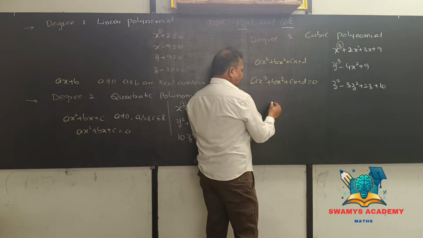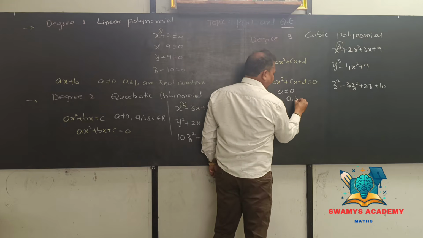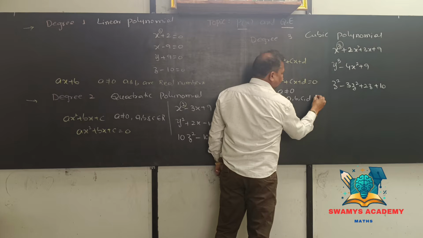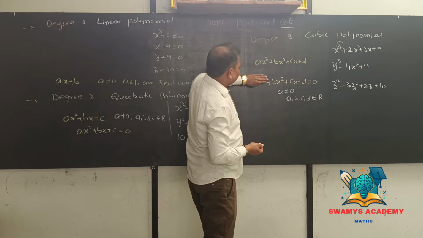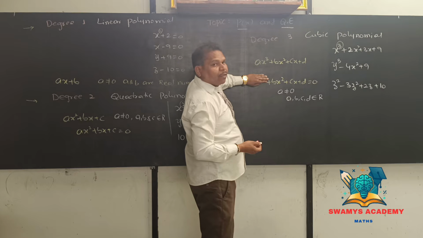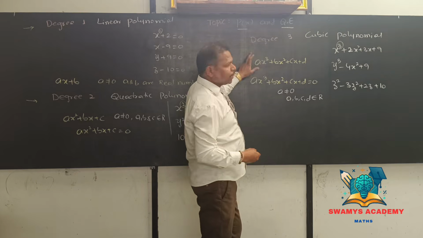In this case, a is not equal to 0, and a, b, c, d belong to real numbers. In case a is equal to 0, then it will become a quadratic polynomial. So degree 1, degree 2, degree 3.